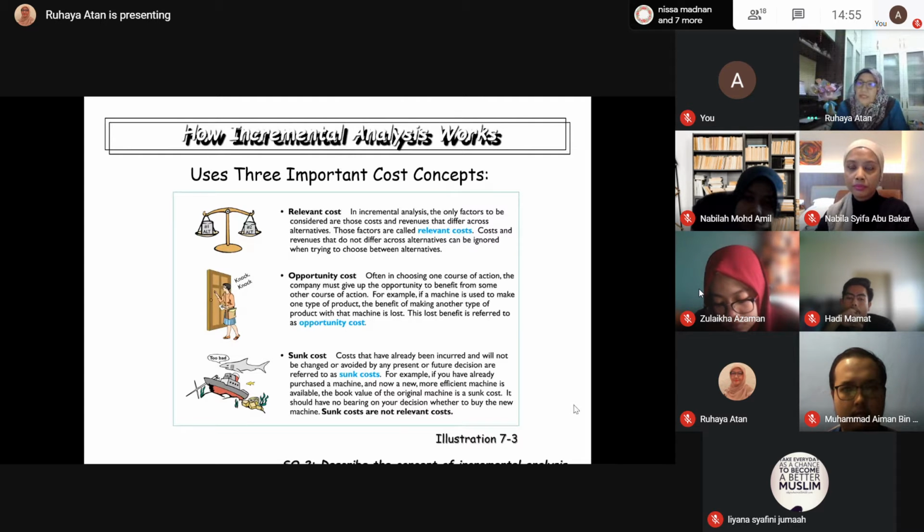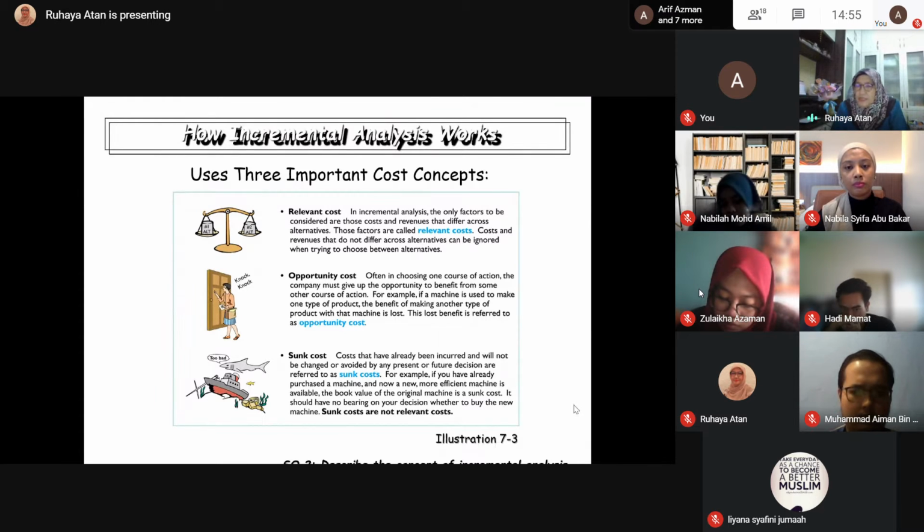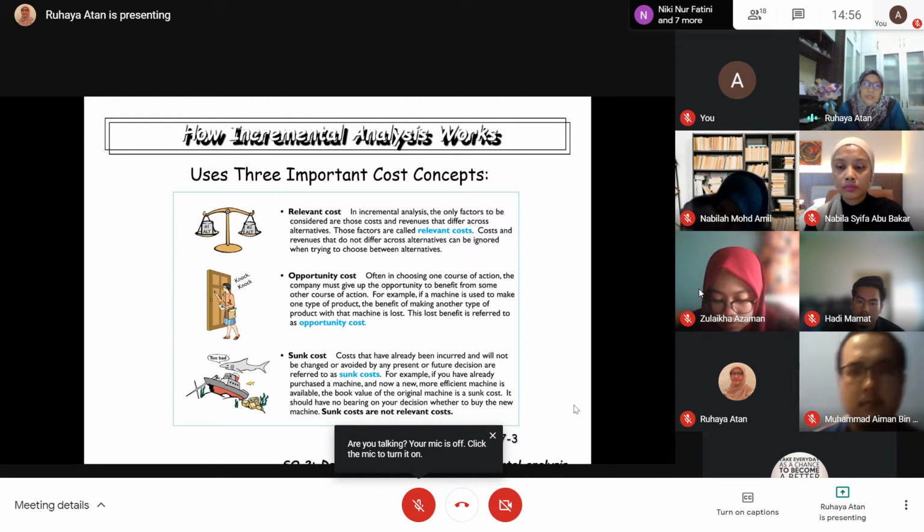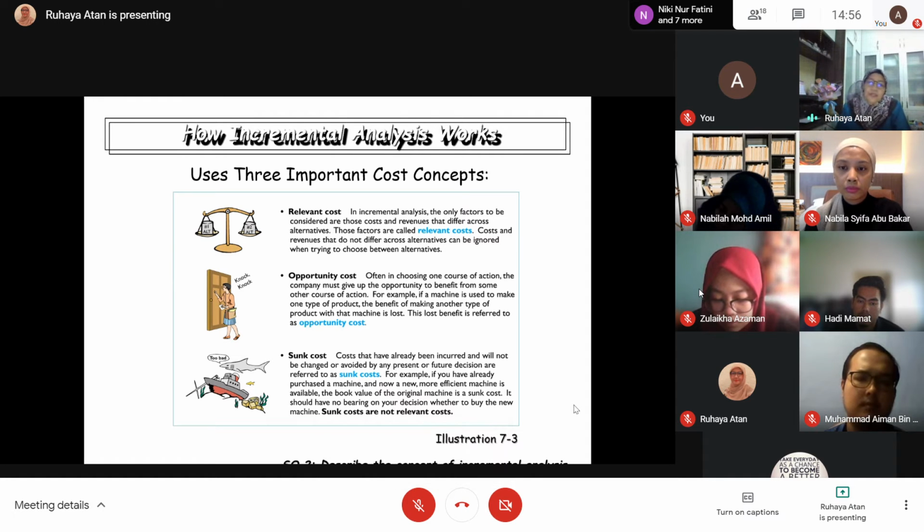So this is an example of sunk cost. So when you decide whether to retain your car or to sell your car, this sunk cost is not relevant anymore. Can you follow? Okay. So it doesn't affect your decision, whether you want to retain your car or whether you want to sell your car. You have already incurred that cost, so it doesn't matter.